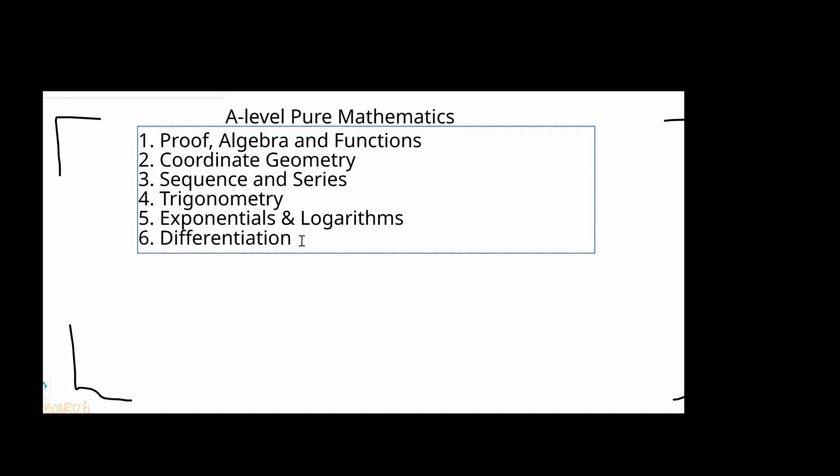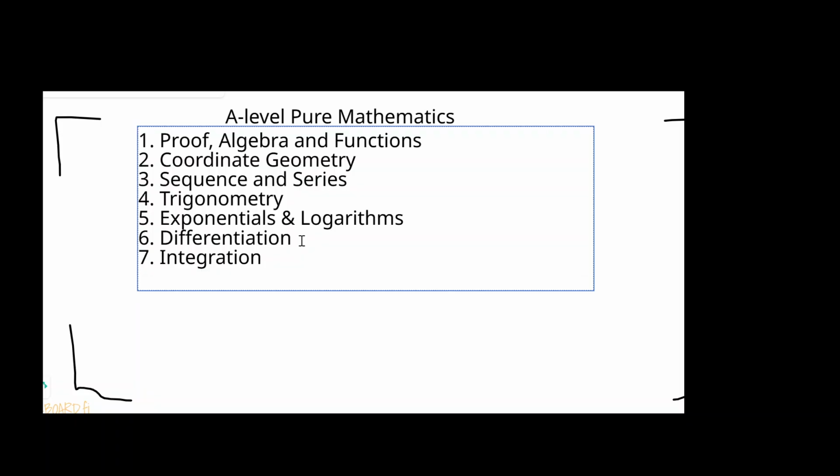Okay, so I have written exponentials and logarithms, differentiation. Another thing under pure mathematics is integration. And then there's parametric equations.